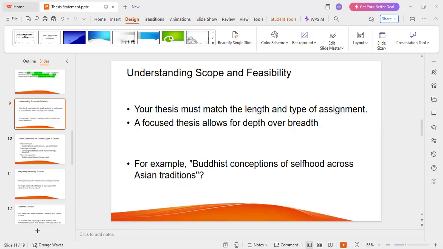Sometimes it's not about the size. That doesn't mean you can avoid writing in detail. No. What matters is the depth that you bring in, right? So when you understand the scope, you can dig deeper and find more depth, I would say.